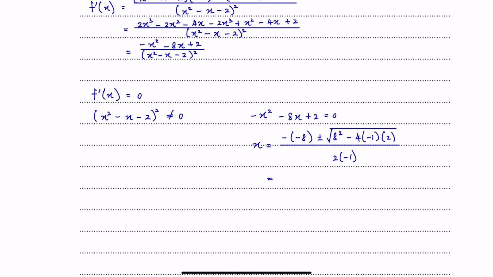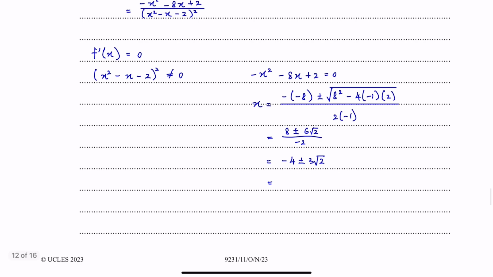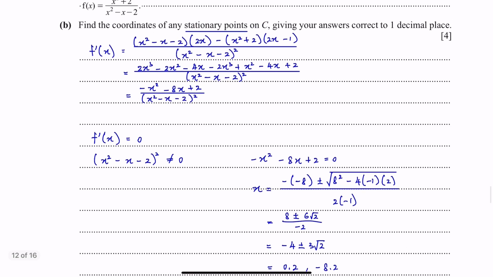So this would be 8 plus minus 6 sqrt 2 over negative 2, and it would be minus 4 plus minus 3 sqrt 2. And minus 4 plus 3 sqrt 2 is 0.2, and minus 4 minus 3 sqrt 2 is negative 8.2, because we need to change it to 1 decimal place.